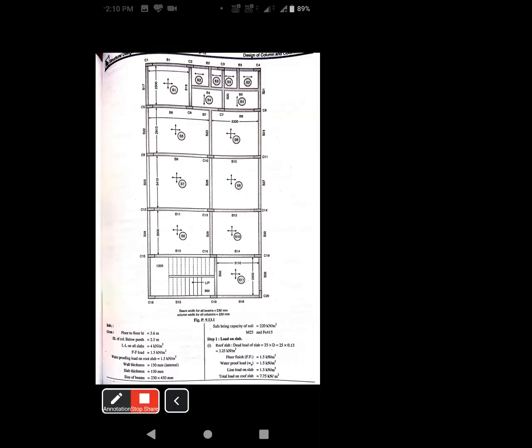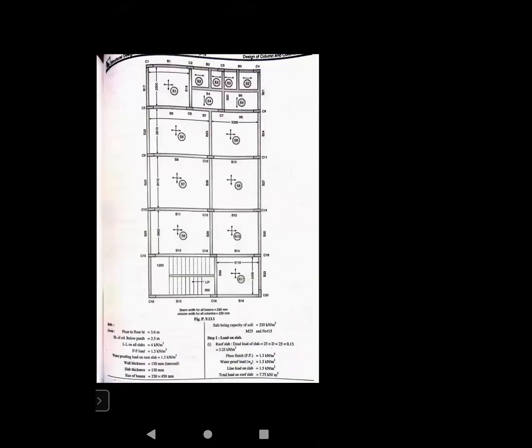Now next, you have to calculate for the first and second floor slab. Here you are not going to consider the waterproofing, as it is not required on first and second floor. There's no need to calculate the waterproofing. First is dead load on slab, 3.25 kilonewton per meter square.